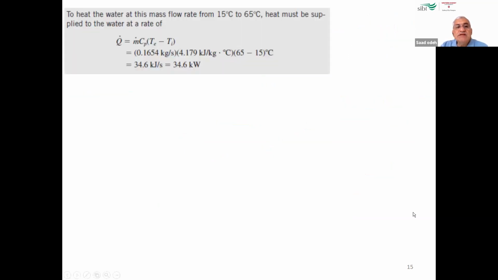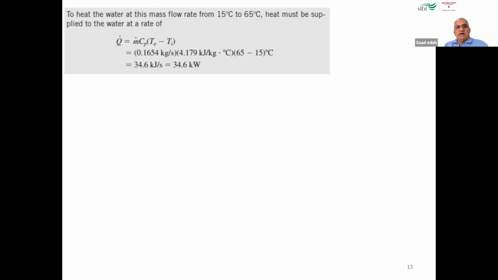Now, the heat transfer to the water. As we said before, the heat coming from the electric heater is gained by the water, because we are applying energy conservation, or the first law of thermodynamics: the heat gained must equal the heat released by the electric heater.